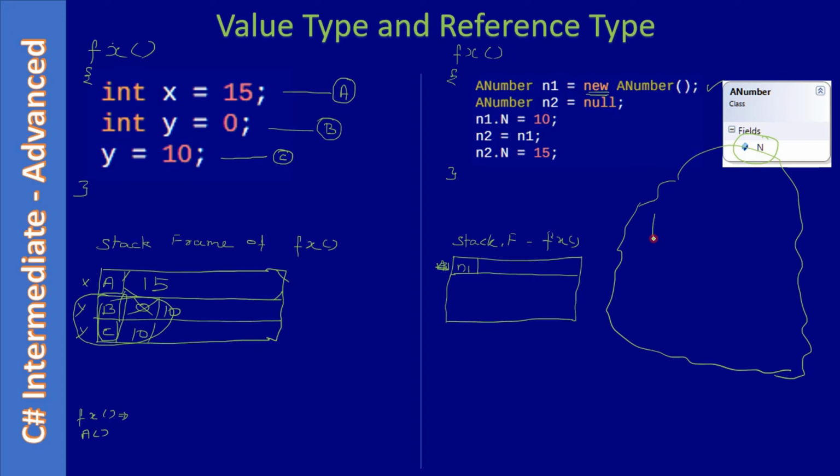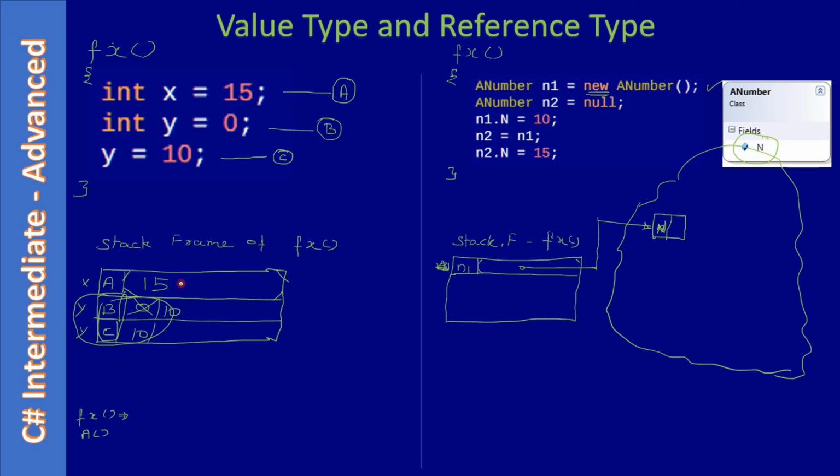So an instance will get created on the heap, and the data member is n. The content will be created on the heap and its address is stored here in the stack. So in the stack frame, we actually have the address association to the heap. Here the content is not a value, it's a reference.